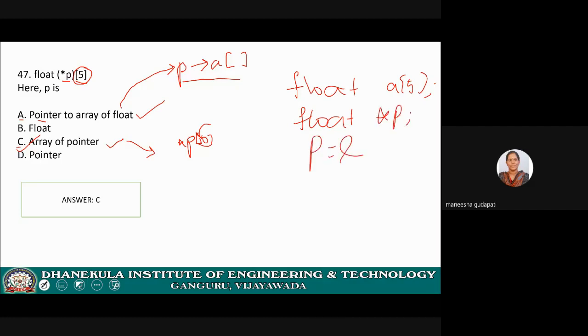For this p, if I assign this array, then this p is called a pointer to array of float. So, okay, I think you understood the concept. Shall I move on to the next question? Yes, ma'am. Okay.